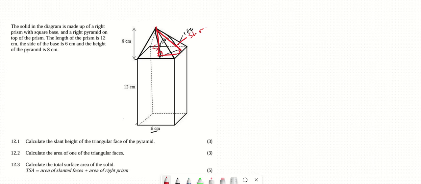So now this is 8. Remember, this goes to the center, so this distance here is 3 centimeters. For the slant height, we use the theorem of Pythagoras, so we can just call it a small letter h. It is equal to adjacent squared plus opposite squared, which is 3 squared plus 8 squared.